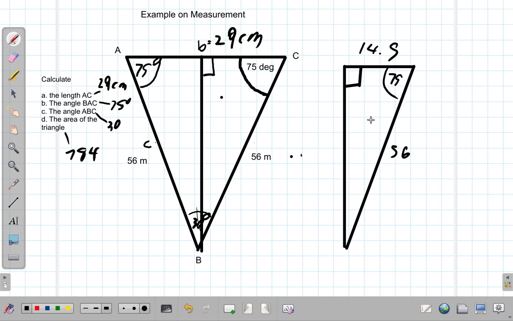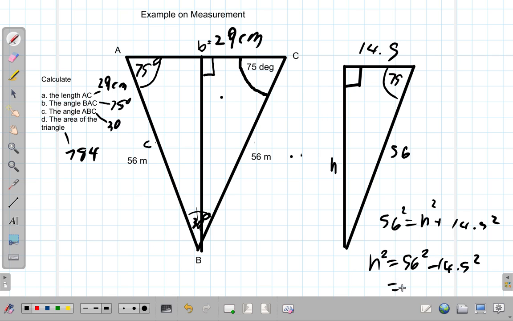So if we want to find this height here, Pythagoras Theorem says the hypotenuse squared equals, call this h, the height here squared plus the other side squared, 14.5 squared. So if we transpose, we get the height squared is equal to 56 squared minus 14.5 squared.